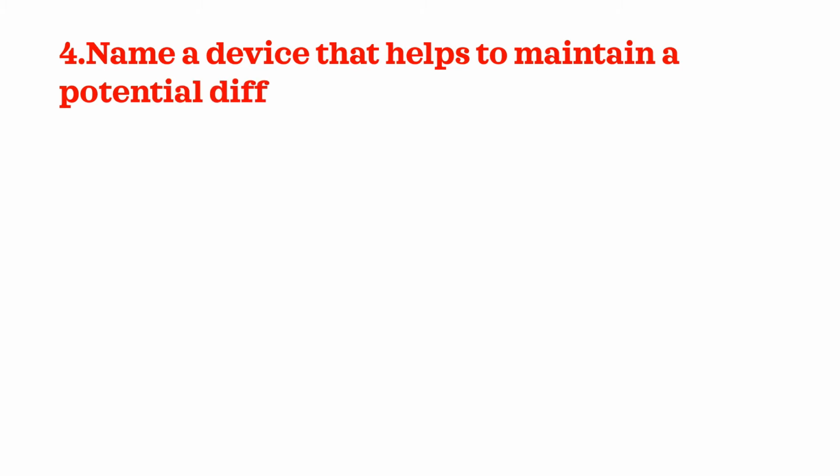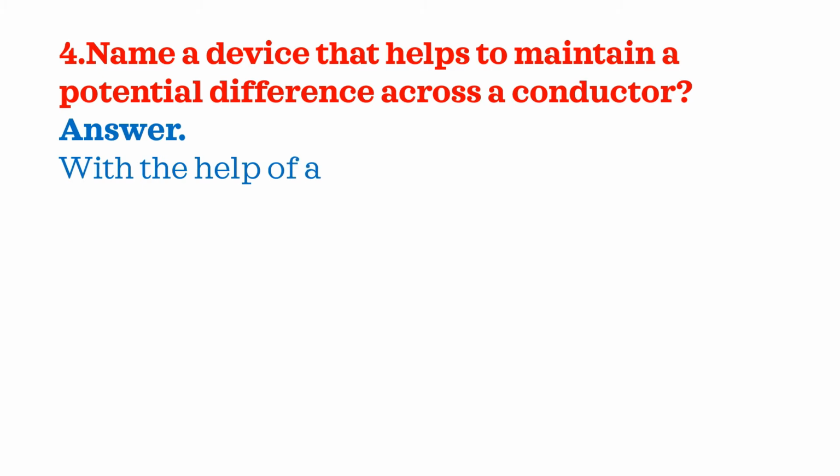Name a device that helps to maintain a potential difference across a conductor. The device name is a cell or a battery.